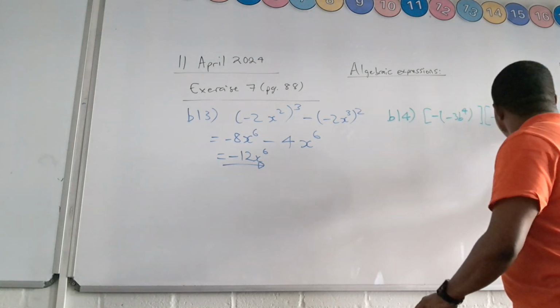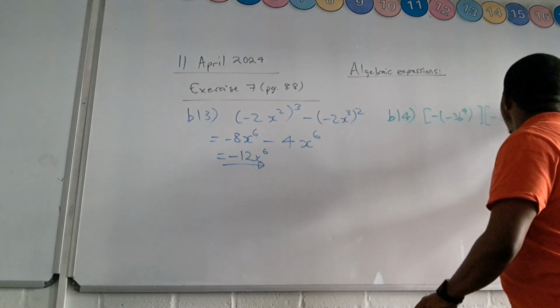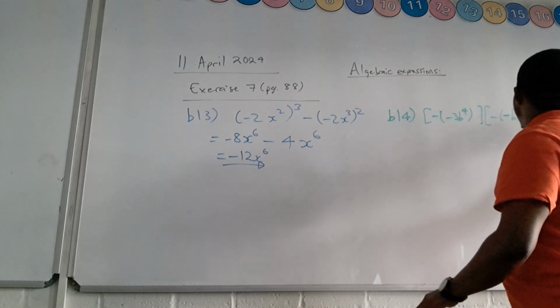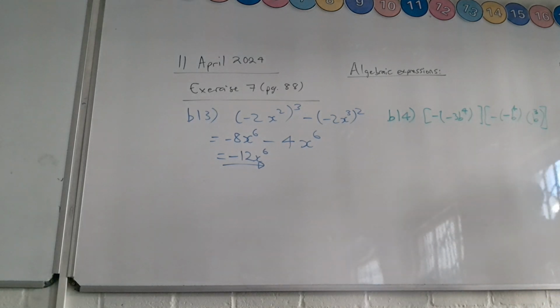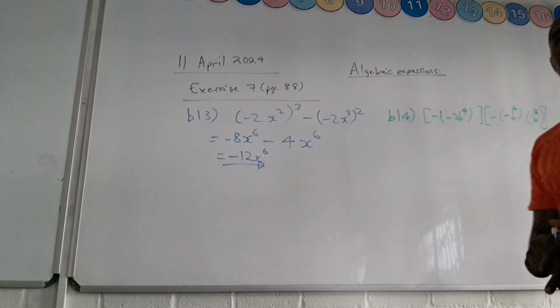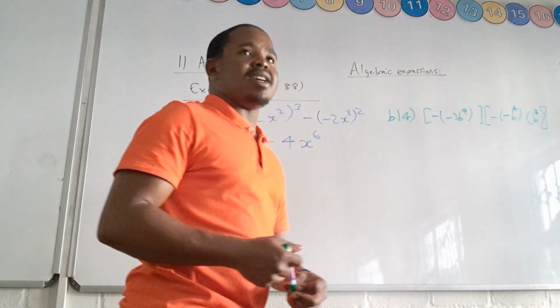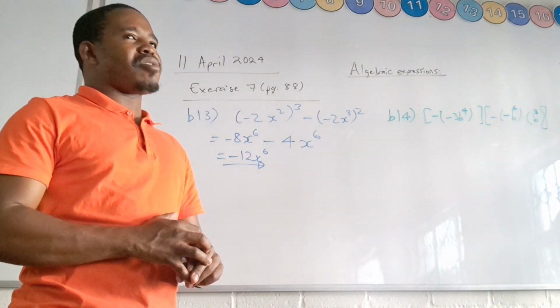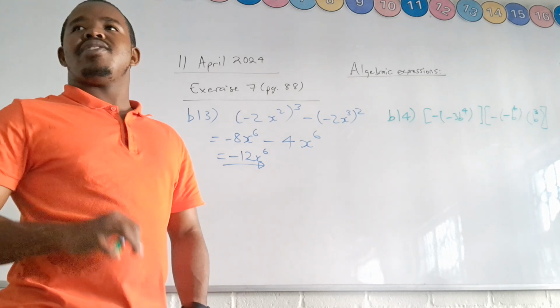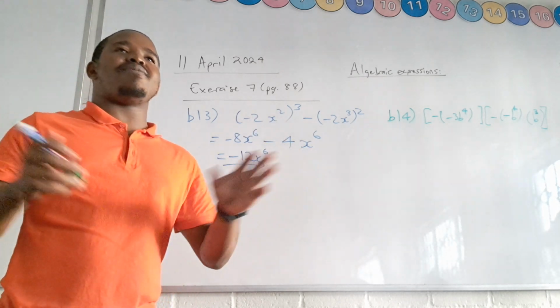Is that our test dates up there? Yes. Test dates and topics are on the board. It says here algebraic expressions, then algebraic equations will be the second one, and then you still have an exam. So you have two tests and an exam. Make sure you know what's cracking. If you do, this term will be so nice for you, and you'll get your academic 95s and 100s for math.